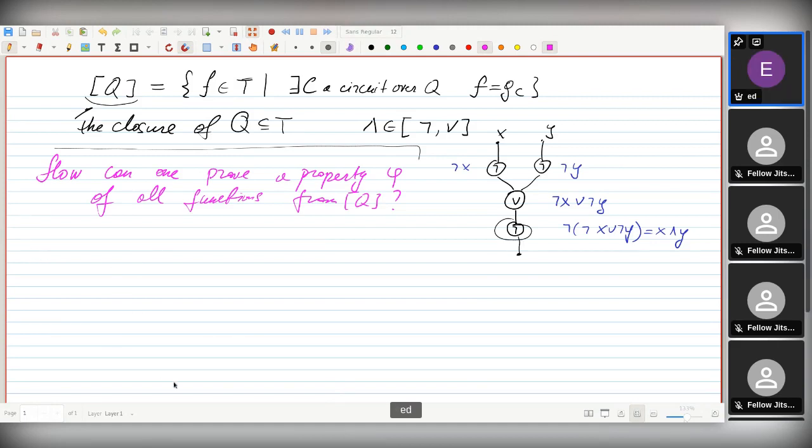How can we prove a property phi that takes place for every function you may compute from some given set Q?